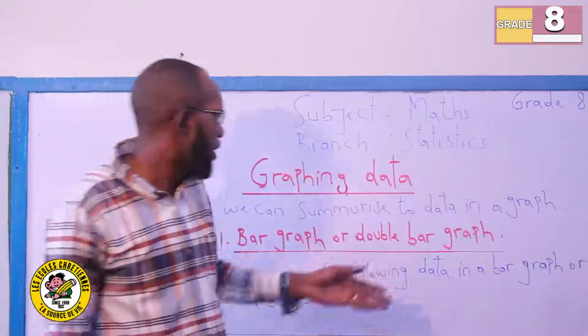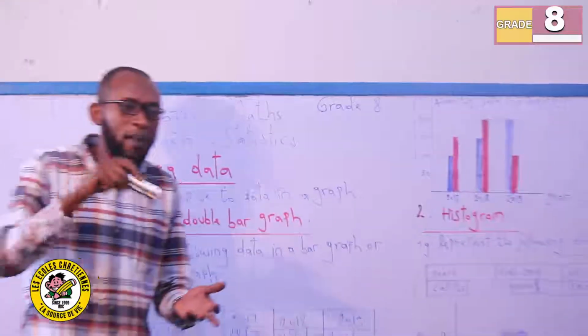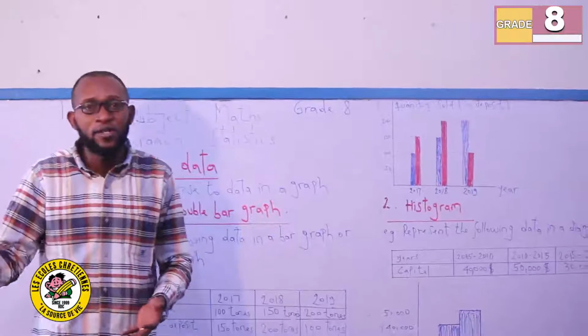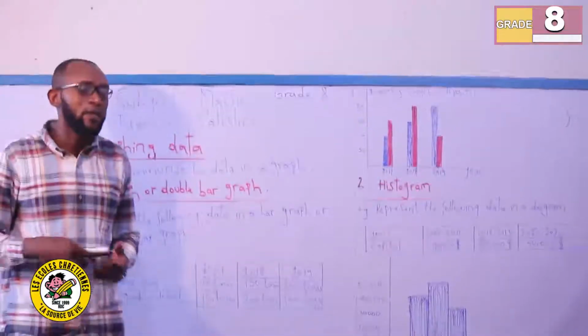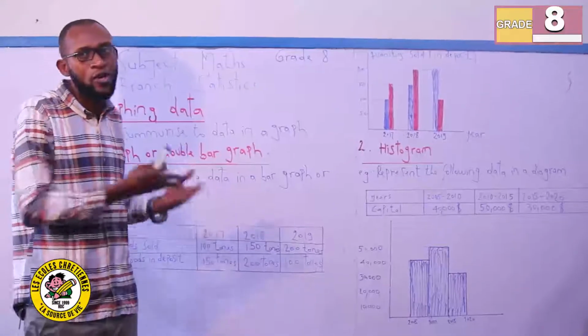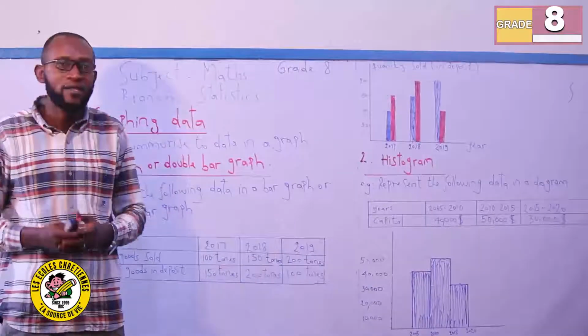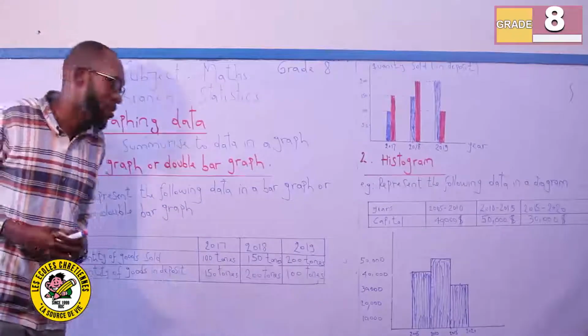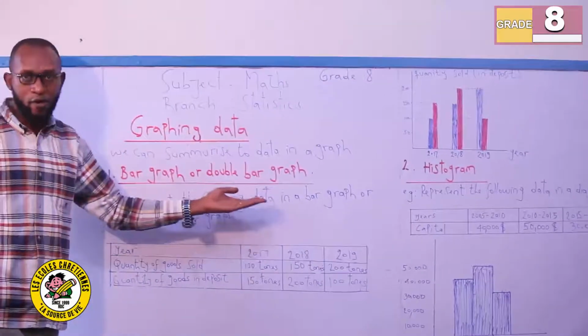You can have a bar graph, a histogram, a pie chart, different charts. It's in business and in many domains. So it's very important to master how you can represent data in a graph to summarize what you work in statistics. So we start with the bar graph or a double bar graph.